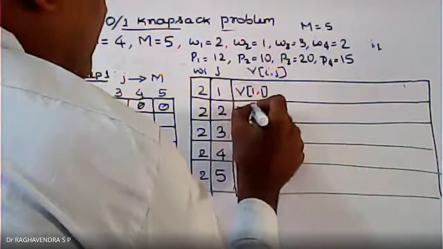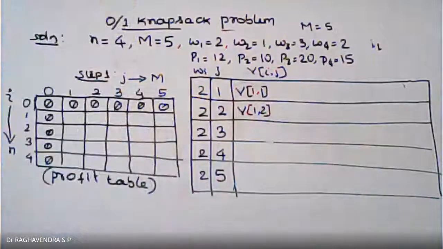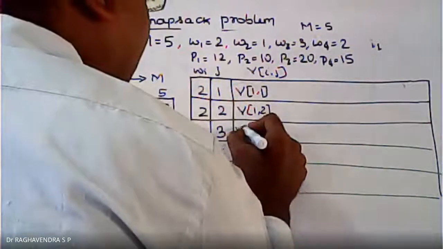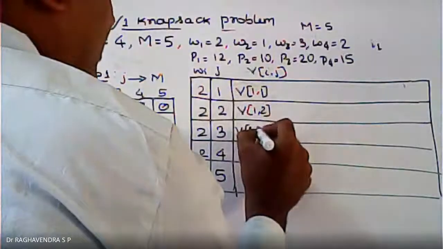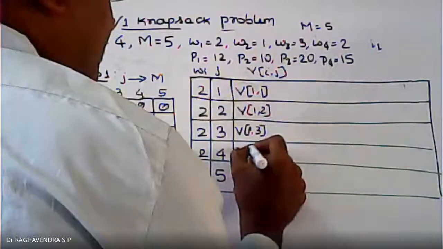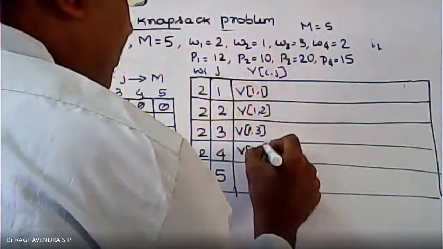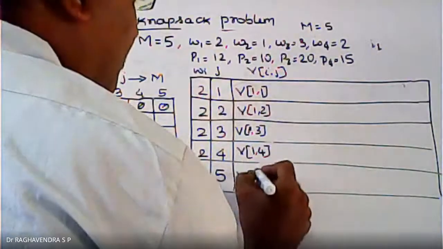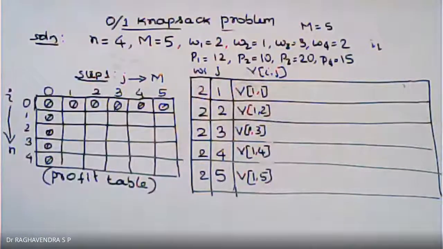Similarly, this is first item with remaining capacity 2, and 3, 4, and 5.